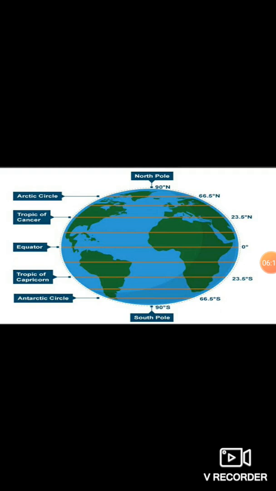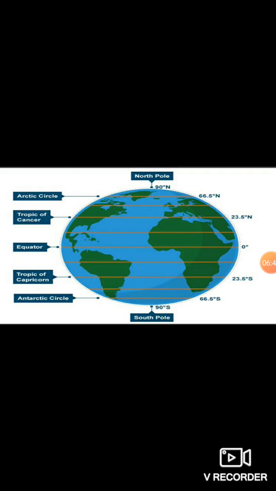Now the third one is the Arctic Circle at 66.5 degrees north of the equator. Then the fourth one is the Antarctic Circle, the same degree, 66.5 degrees south of the equator. These are the 4 major latitudes that we want to study in this chapter.